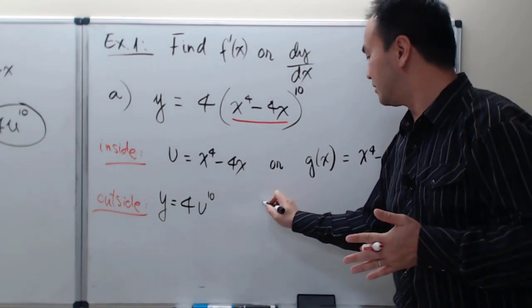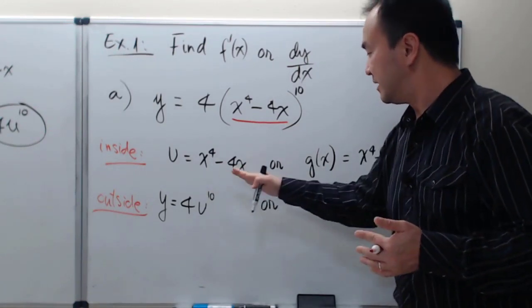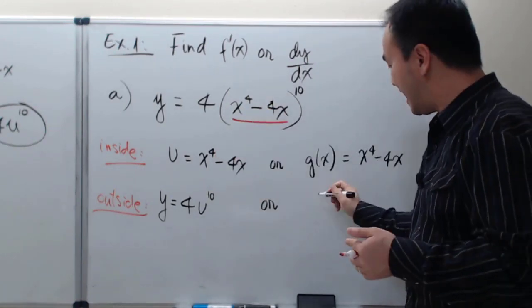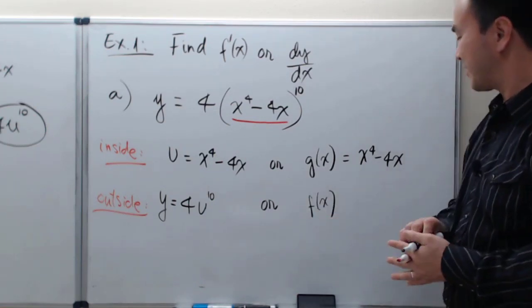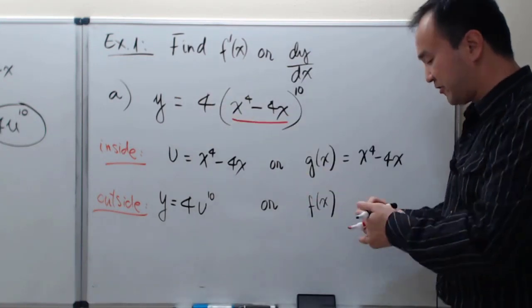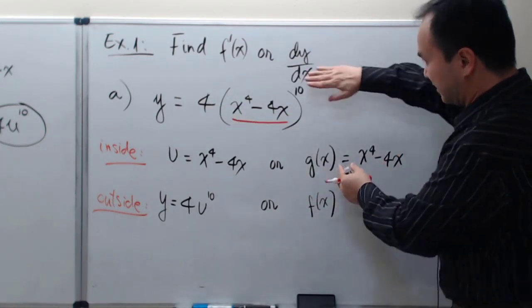Or alternatively, if we are using the functional notation, then the outside function we can call a function f of x, not the main function, but some function f of x here. So think about this entire expression.